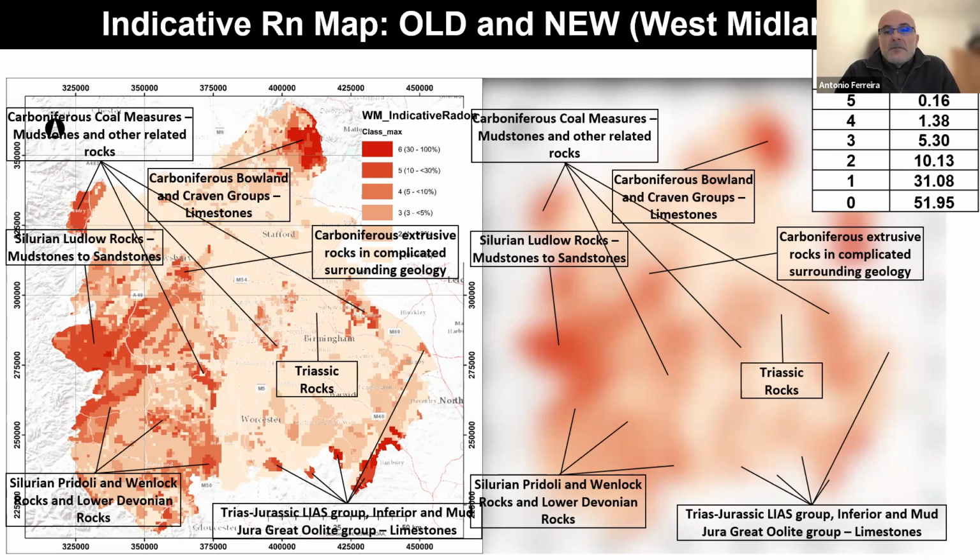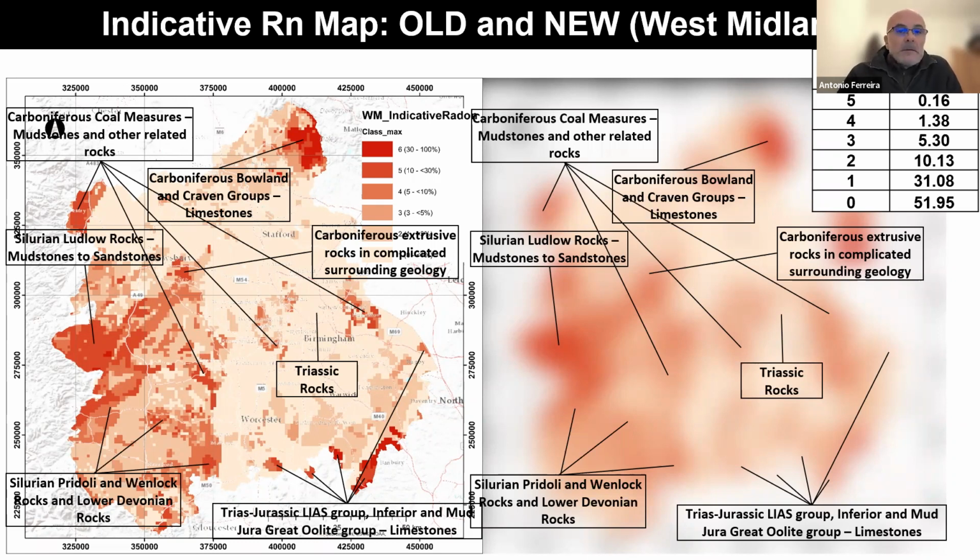About 52% remains the same maximum radon class, and 31% changes one class only. Less than 20% of the West Midlands map will see a change of two or more maximum radon classes.